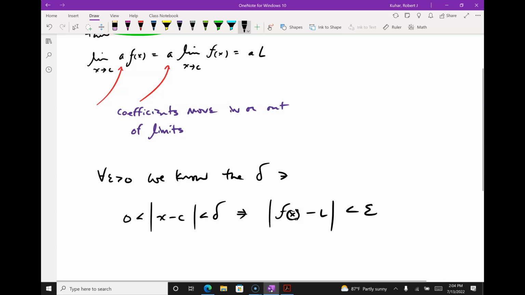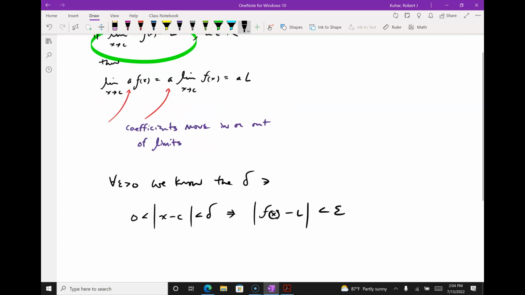I found it, because the limit exists, so we know there's a delta. And what does that delta do? It keeps all of the function on the dartboard. All of the function within that radius of delta will stay on the dartboard, so I can squeeze it down and get the limit.